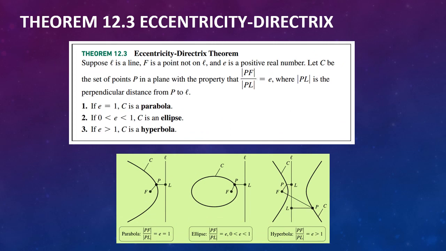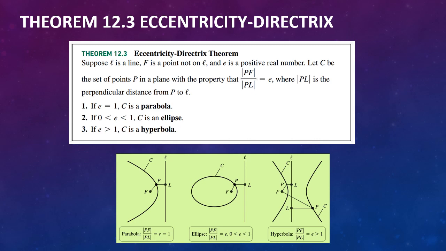So this information we just restate into Theorem 12.3, the eccentricity-directrix theorem. Again, in formal language, suppose L is a line, F is a point not on L, and E is a positive real number.